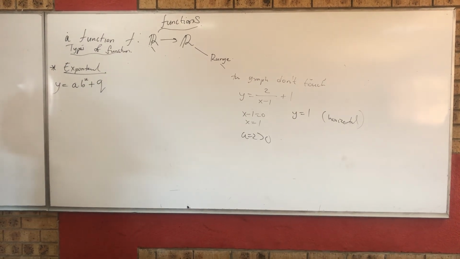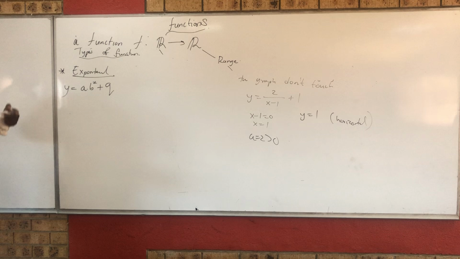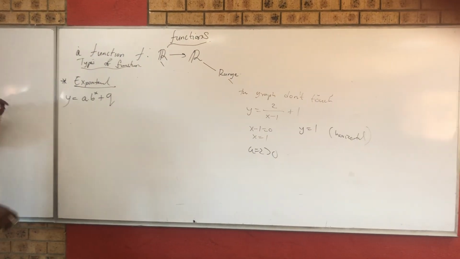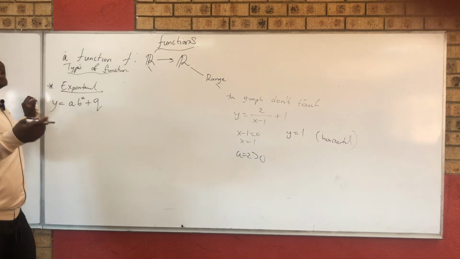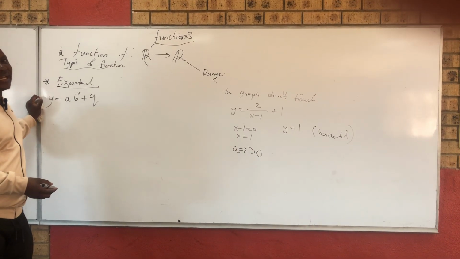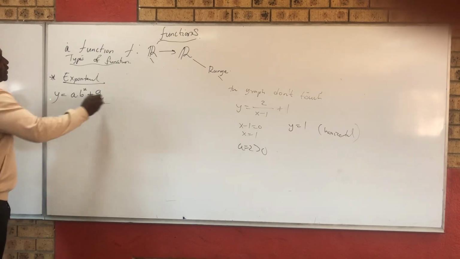In this case, the difference between the other graphs that we explained and the exponential is that the exponential only has the horizontal asymptote, which is q.